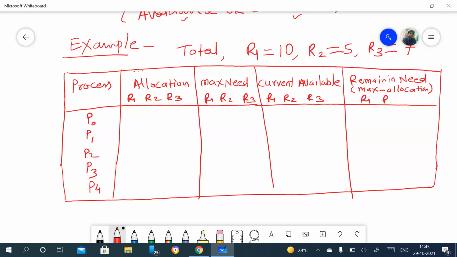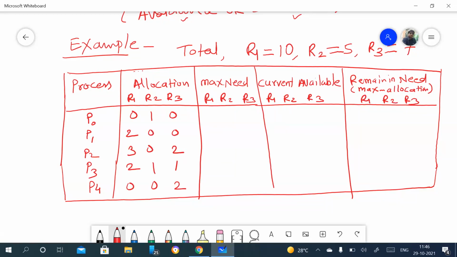So allocation is 0, 1, 0; 2, 0, 0; and 0, 0, 2.